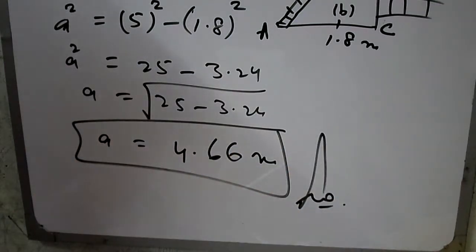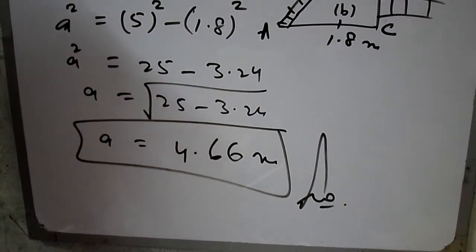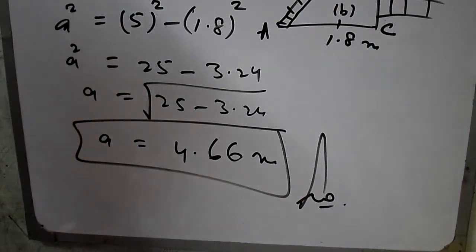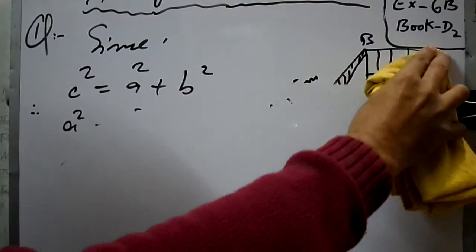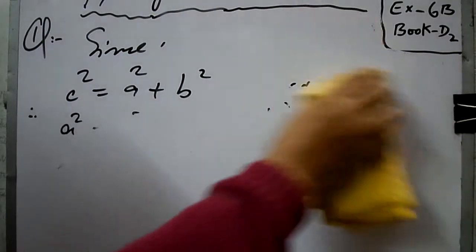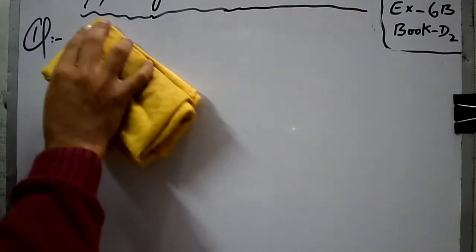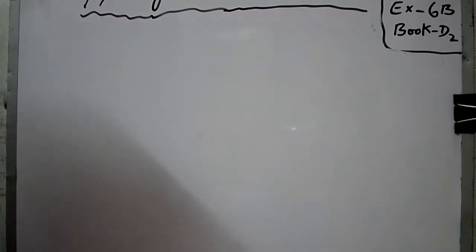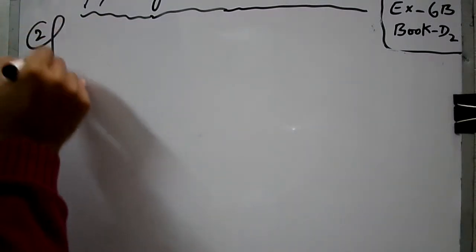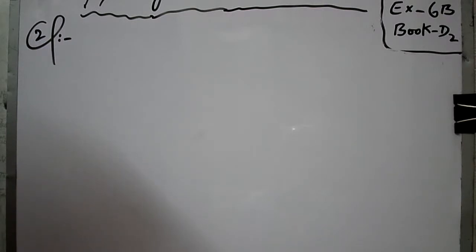Now similarly, in question number 2, the same type of question, a post 47 meter high. For example, that is your post, height is given, and the same formula, same Pythagoras theorem is applied there. So in question number 2, a post 47 meter high.